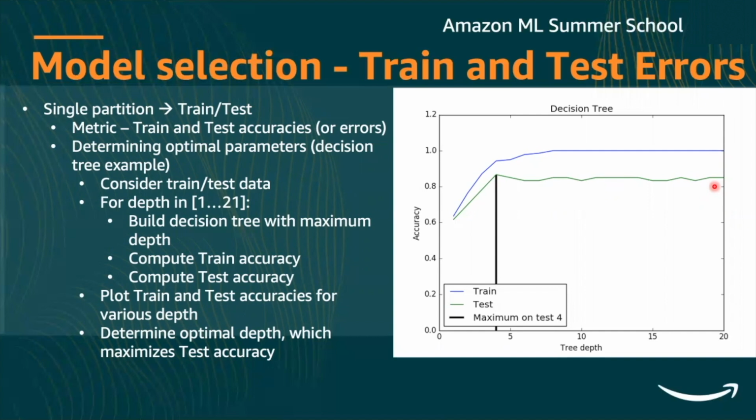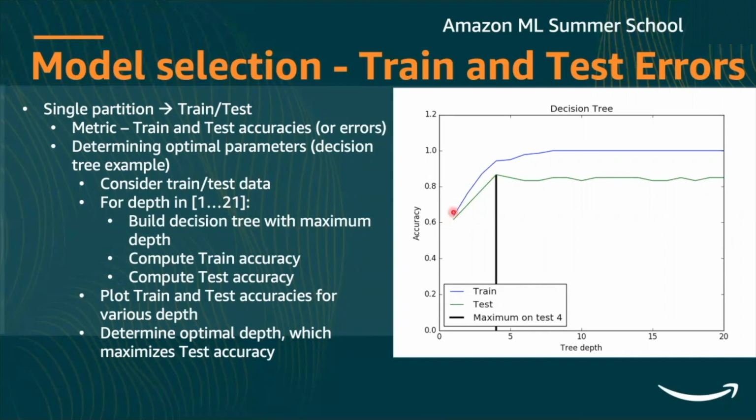So you consider the train and test set of the data. Let's say, for example, you consider only the depth of the tree. You build a decision tree with depth 1, depth 2, depth 3, depth 4, so on and so forth, and compute the train and test accuracy.